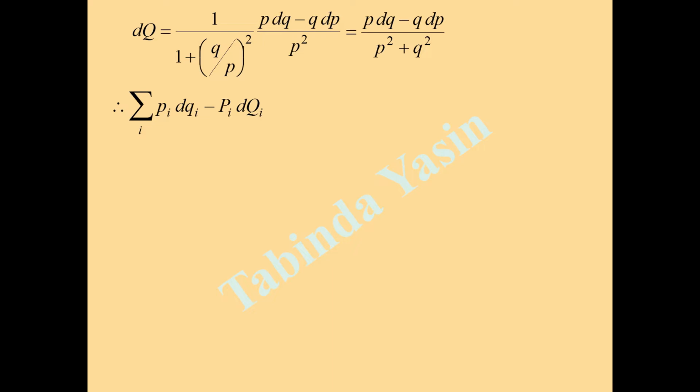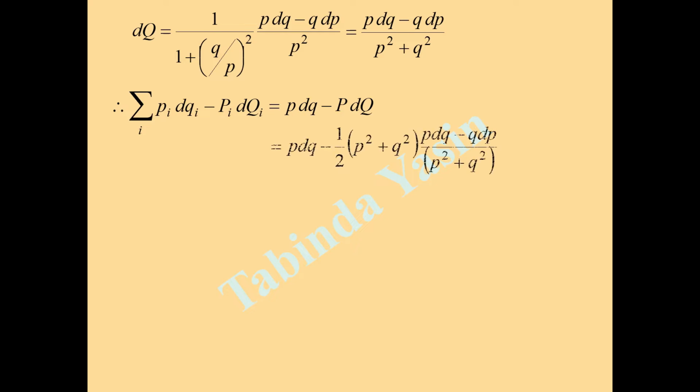As we know, the summation of p_i dq_i minus capital P_i d capital Q_i is equal to p dq minus P dQ. After substituting the values of capital P and d capital Q, we have p dq minus 1 over 2 into (p square plus q square) into (p dq minus q dp) over (p square plus q square).